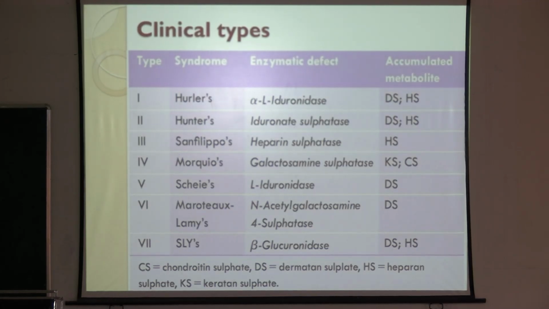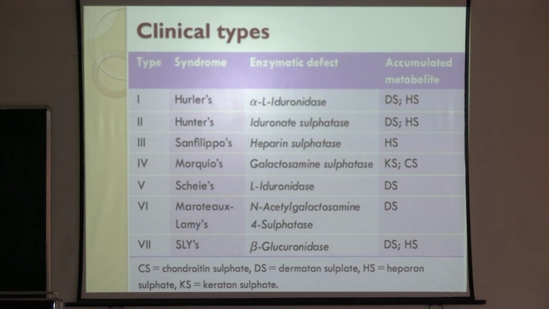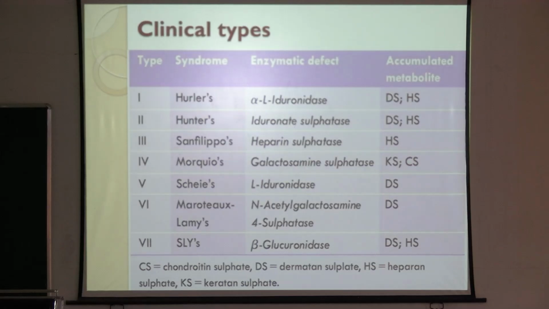The enzyme defective here is N-acetyl galactosamine 4-sulfatase. All these enzymes help in formation or digestion of the components, so any defect in these enzymes leads to faulty production of GAGs or accumulation of impaired products. And the 7th one is Sly, where beta glucuronidase is defective. Among all these diseases, all of them are autosomal recessive, not dominant, but Hunter's is only X-linked.